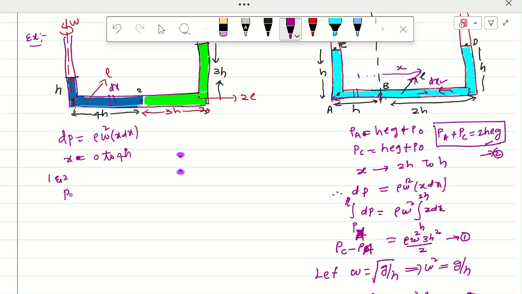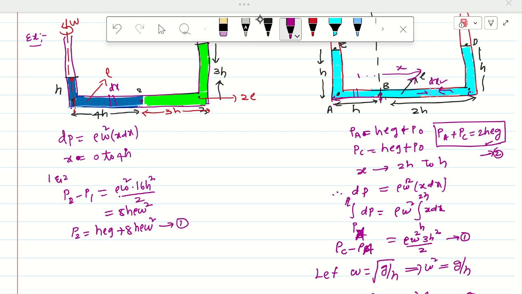So P2 minus P1 is equal to rho omega square into 16h square by 2, that equals 8h square. 8 rho omega square h square. Now P1, I know, is h rho g, so it goes to that side. P2 is equal to h rho g plus 8 rho omega square h square. So this is equation 1.